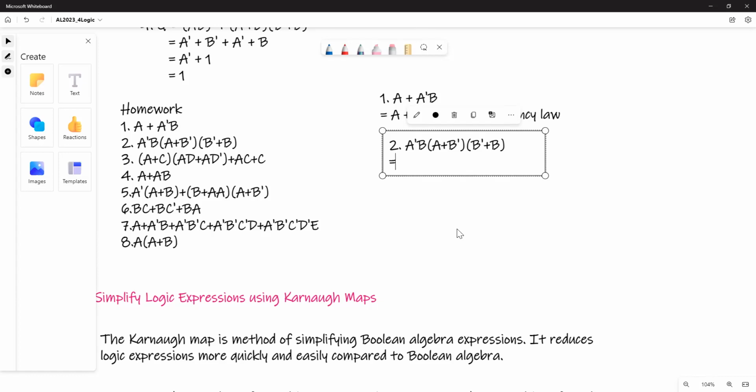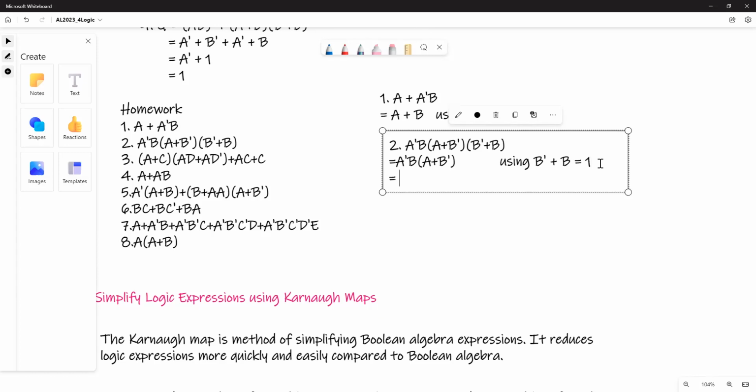So we can simplify this and write A bar B plus A plus B bar, because we can directly say B plus B bar is equal to 1. So we can reason out why you are getting this.